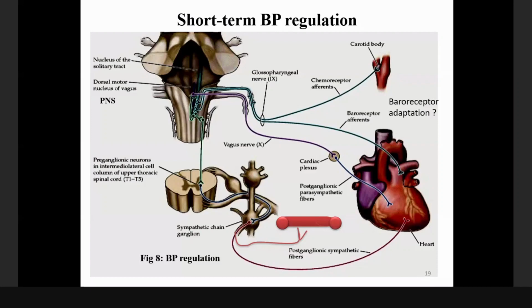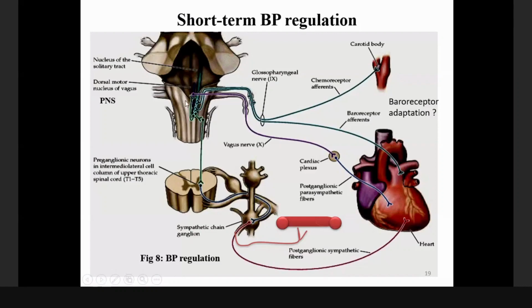For instance, assume your blood pressure is increased above the normal. That is detected by the baroreceptors. You know baroreceptors, receptors that detect pressure, and those baroreceptors are found in the aortic arch and carotid sinus. Then the message gets to the brain, mainly to the cardiovascular center in the medulla oblongata.